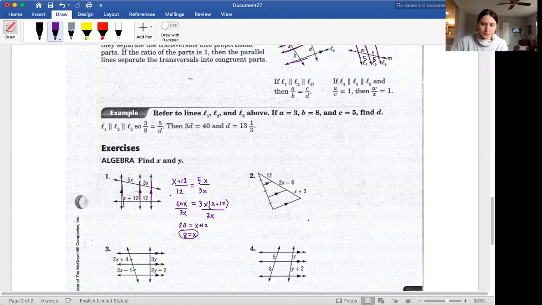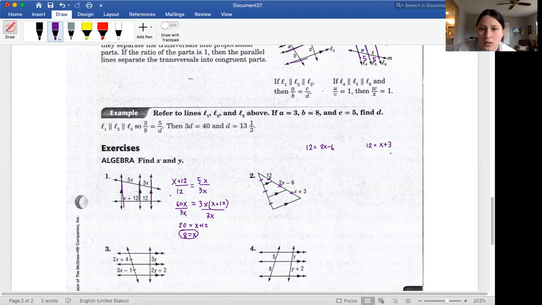That's my answer. Okay, looking over here, this tells me that all these parts are congruent, which means all these parts should also be congruent as well. So that means I can say 12 equals 2x minus 6. And I could also say that 12 equals x plus 3.